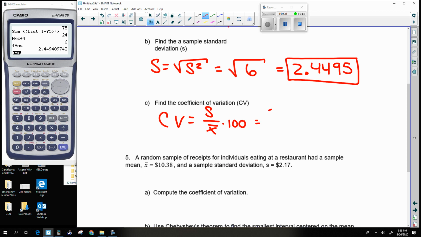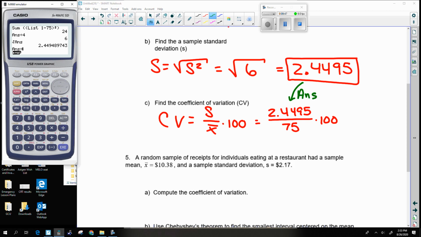Here I have S divided by x bar times 100. Again, I am not actually typing that number in. I'm using the answer option in my calculator. So I take the answer divided by 75 times 100.